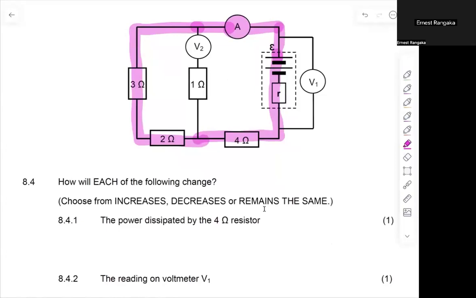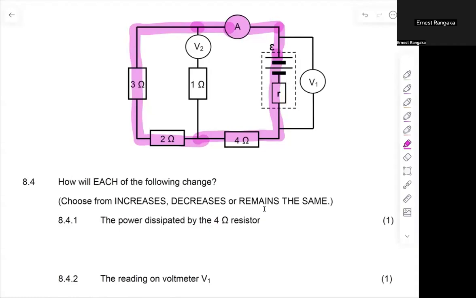Thanks, Sunny, for your answer there. Thank you, brilliant. Thanks, Debuho. There we go. Answers are rolling in now. Really appreciate you guys. Okay, I'll give 10 more seconds for those that haven't answered. Quickly think about it. How will the power dissipated by the 4 ohm resistor change?